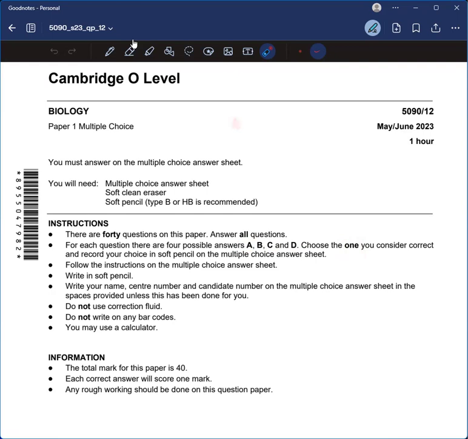There will be boxes for question number 1, option A, B, C and D. So for example, if you think that B is the correct answer, you have to fill B. Next, we have to use a soft pencil on the grid sheet, and you can use a calculator. The paper is for 40 marks, and each correct answer will score 1 mark. All right, let's begin.